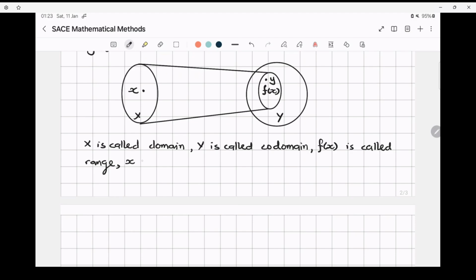So this will be called the object of your function, and y in the set Y, or specifically speaking your f of x, is called the image of f. So these are all the terminologies that you need to know.